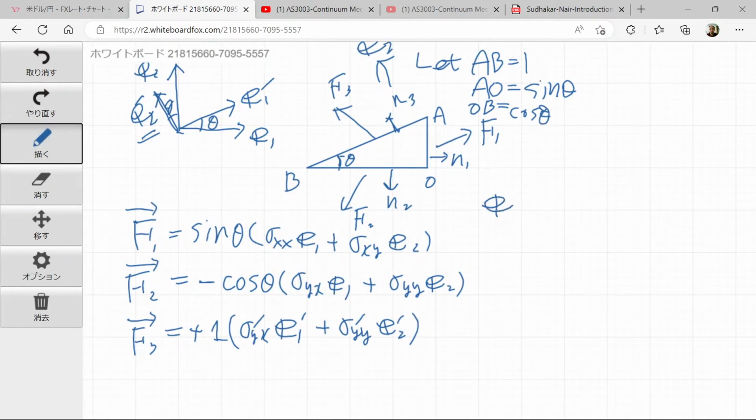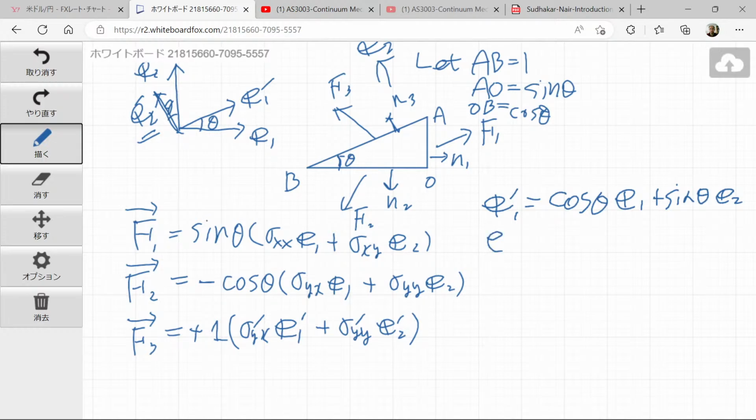So then we can convert. e1 prime is cos theta e1 plus sine theta e2, correct?